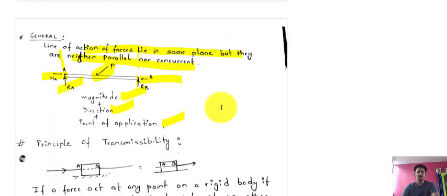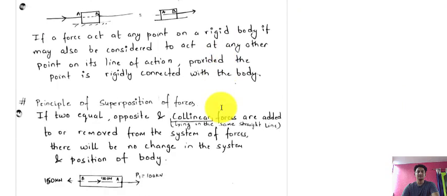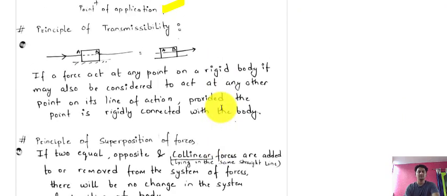Now we will come to the principle of transmissibility. So what is the principle of transmissibility? There are certain principles you must remember. One is the principle of transmissibility. The transmissibility principle says, suppose this is an object, a body that has been kept on a surface here, and here we apply a force in this direction. So the principle says, if a force acts at any point on a rigid body.